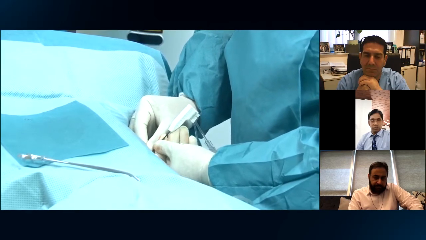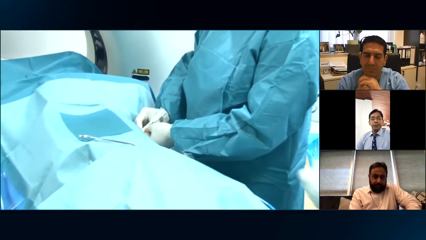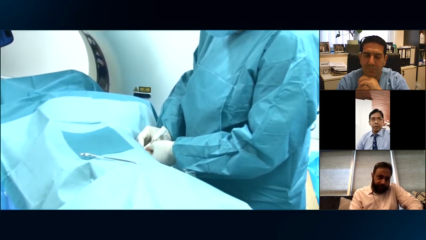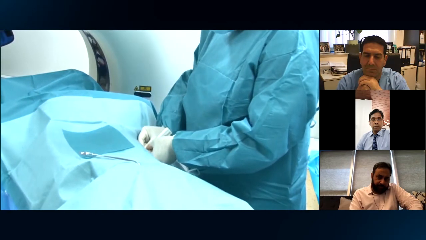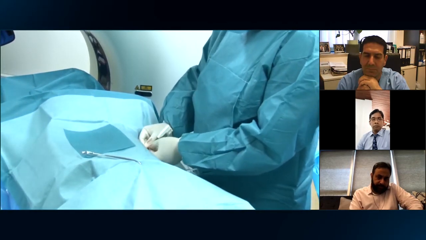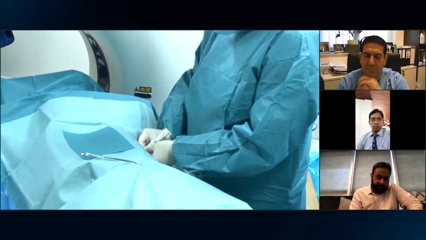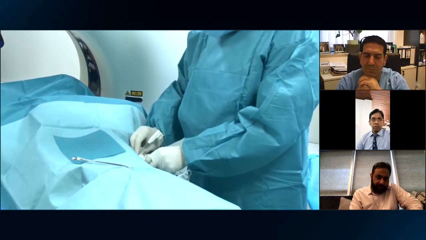Usually, breath holding is easy if the lesion is located in the upper lobe. However, for the lower lobe, sometimes the breath hold is difficult.